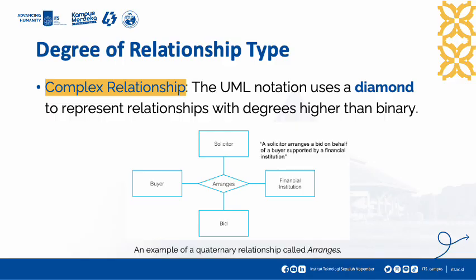So arrange here is a relationship type that has four participating entities in this relationship. In this case, we can say that a solicitor arranges a bid on behalf of a buyer supported by a financial institution. So this is an example of what is called a quaternary relationship.